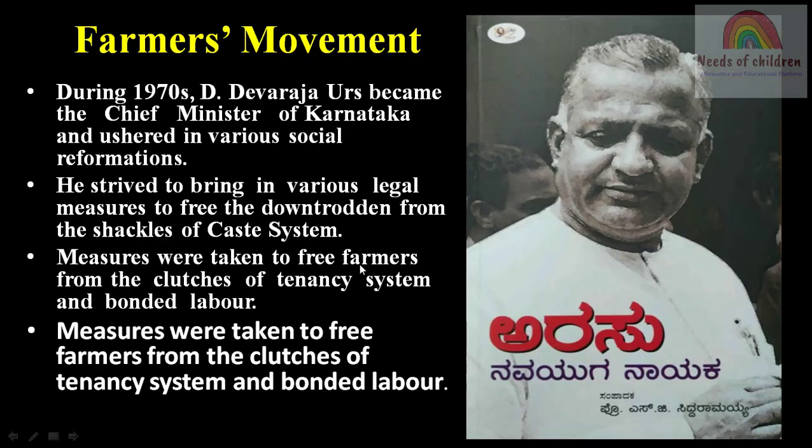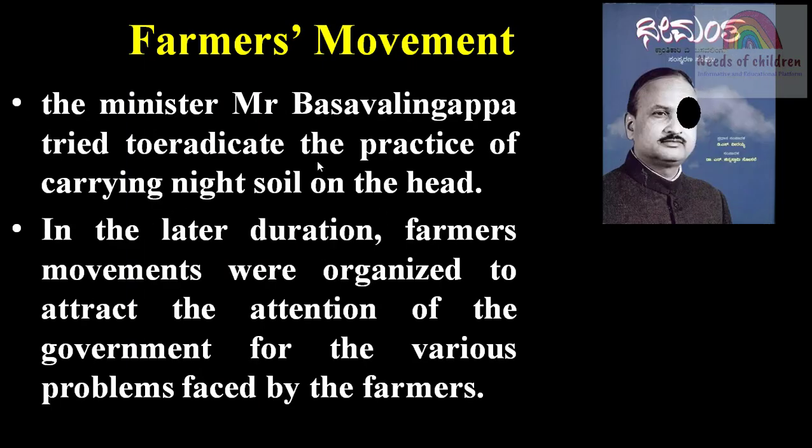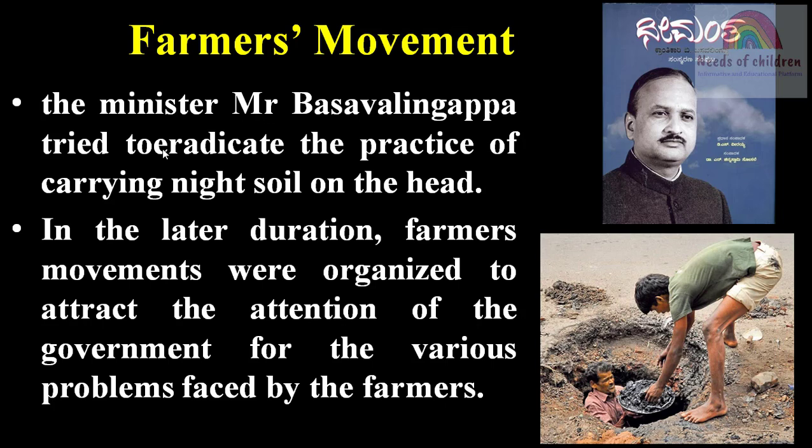Measures were taken to free farmers from the clutches of the tenancy system and bonded labor. And even the minister, Mr. Basavalingappa, tried to eradicate the practice of carrying night soil on the head.